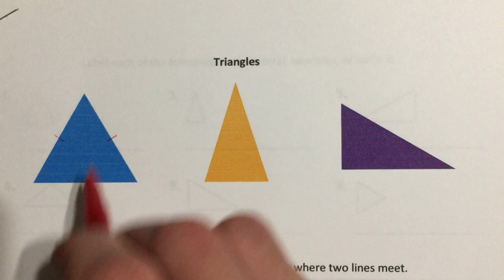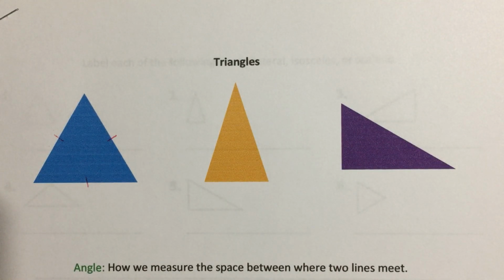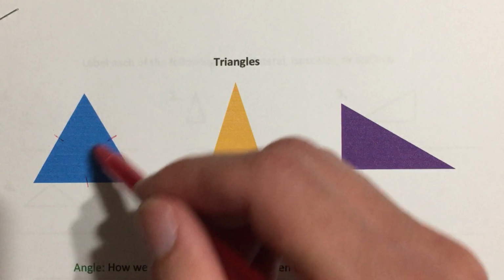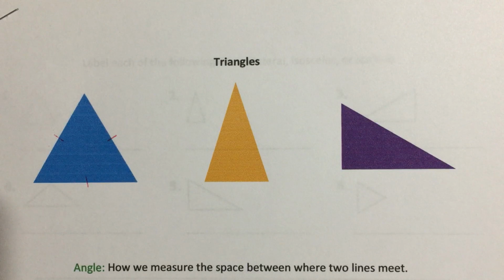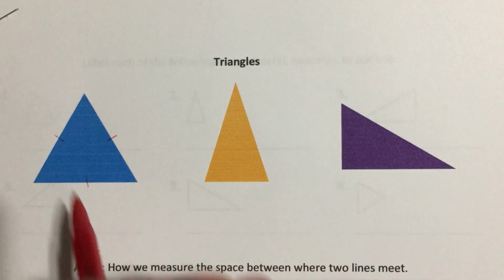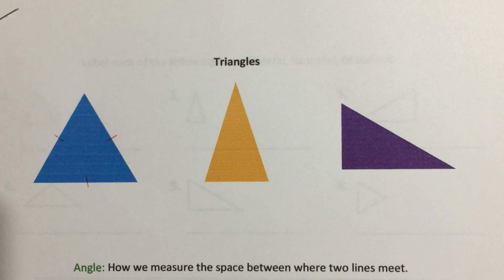Remember, those dashes on the sides mean that anything with that dash is the same length. So that one, and that one all have that dash, even if it's not drawn perfectly. We're going to assume all three of those have the same length sides. They are congruent, congruent meaning the same.